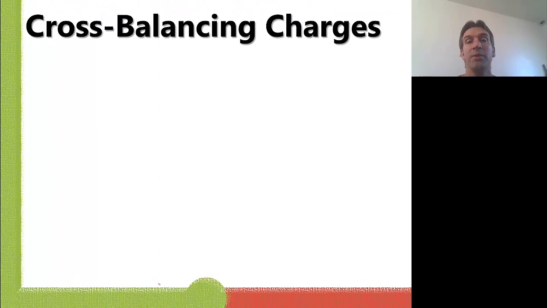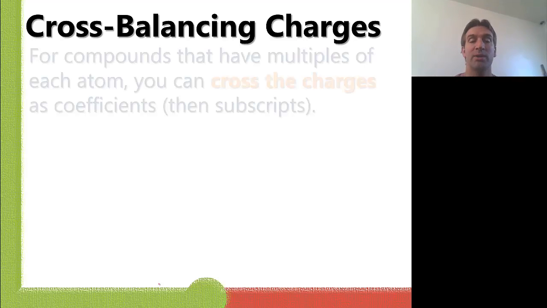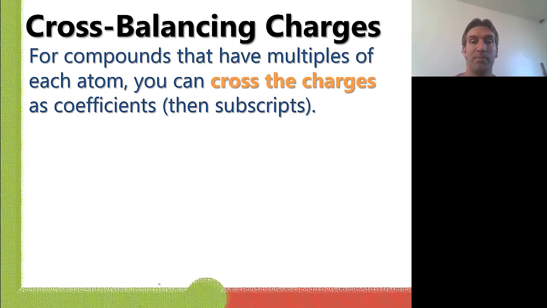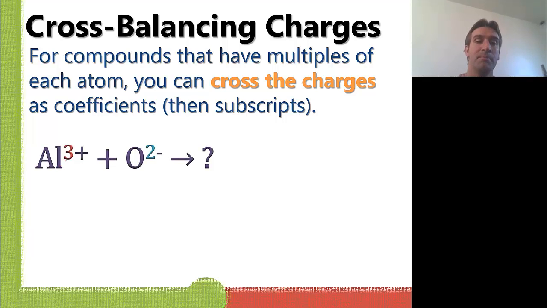Now, there's a method that we can use to help us as we're trying to figure out chemical formulas. Take a look at this pairing. We have aluminum, which is given as a 3+ charge, and we have oxide, which has a 2- charge. The goal is to determine, when these come together, what the balanced chemical formula is going to be.